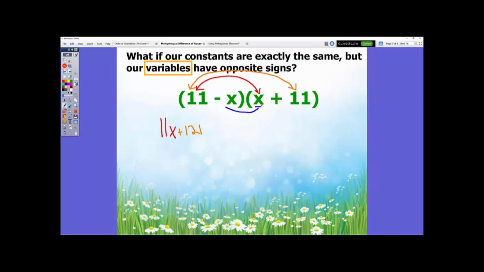We'll move to the inner. Negative x times x will be negative x squared. And finally, the last term. Negative x times positive 11 will be negative 11x.